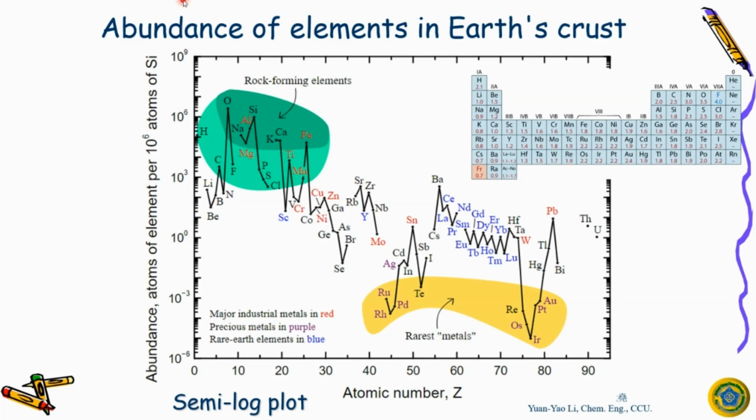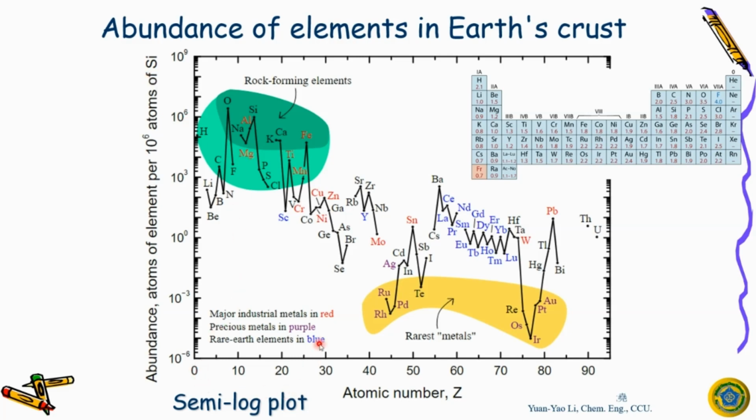Is it okay to show it like this? There are 9 orders of difference between oxygen and Ru, and gold. So the reason you use the log plot on the y-axis is you want to reduce the size. It makes the figure look nicer. So this is called a semi-log plot.